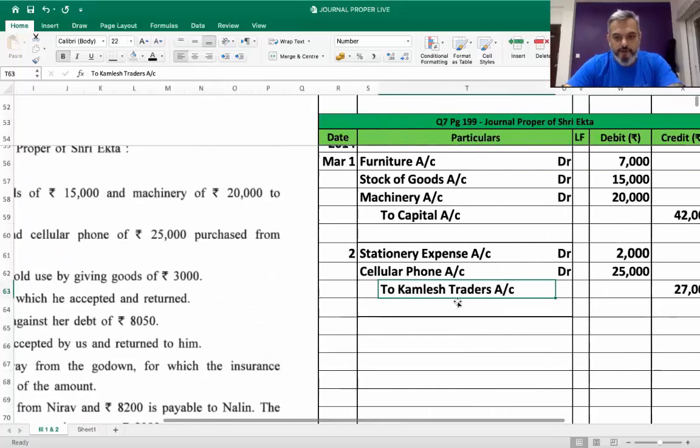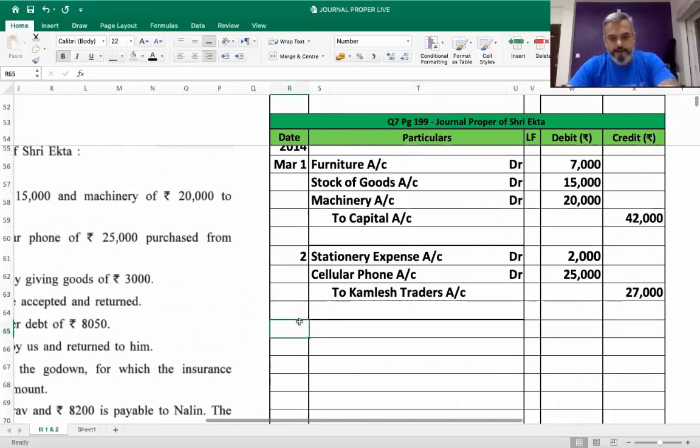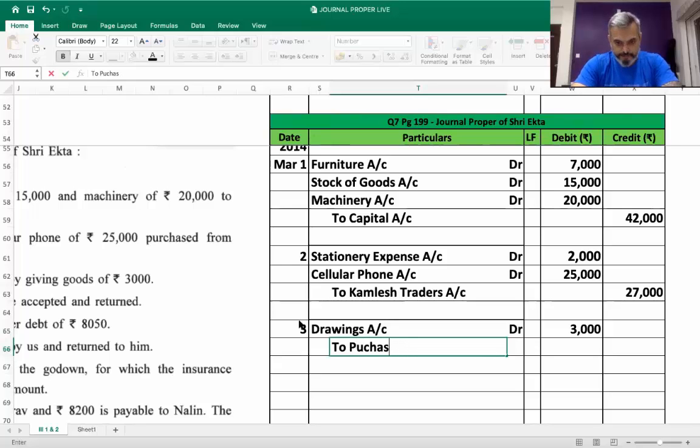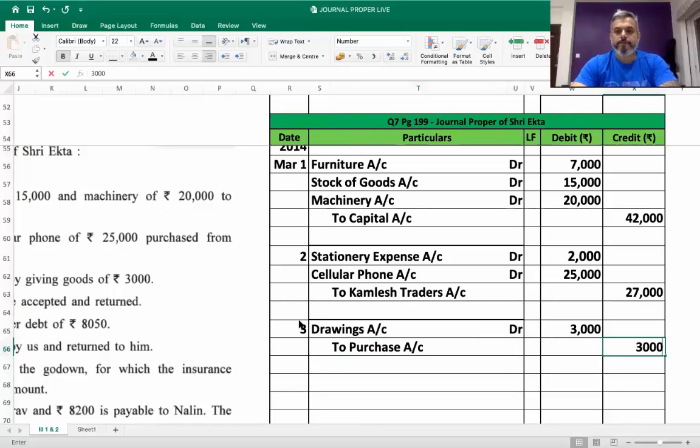It is for household. So drawings. Third, drawings account debit to purchase account 3,000.